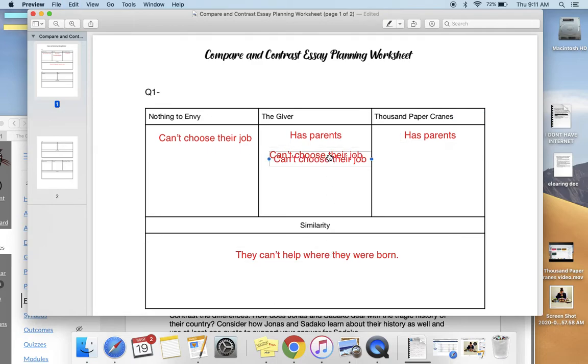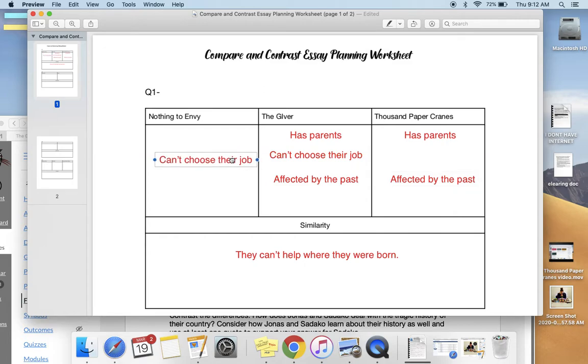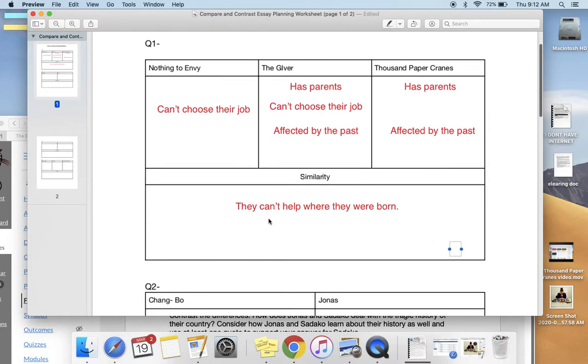Ooh, that's another one. They're affected. Let's do this. So we can see the similarities between most of them, and we can tell that they can't help where they were born. They have to deal with those consequences.